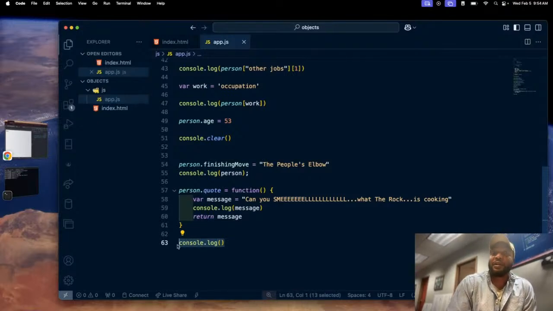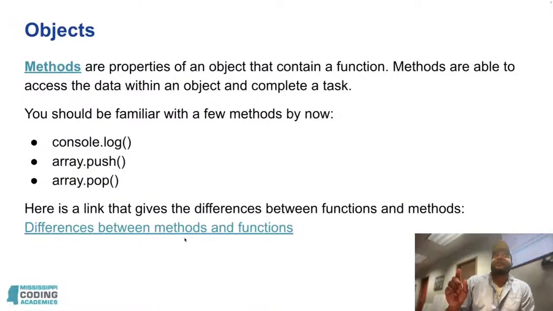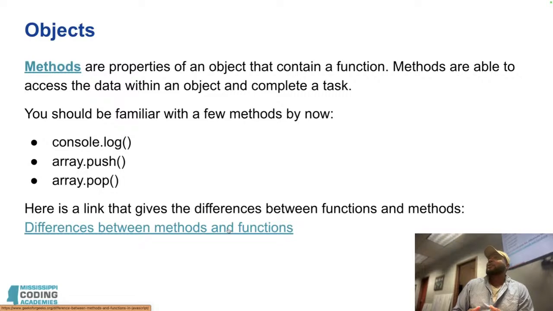A method is a particular function that is attached to an object. That's the important thing, and I would say the major difference between a function and a method. I have a link here for the folks who have access to the slides where you can look up the differences between methods and functions.